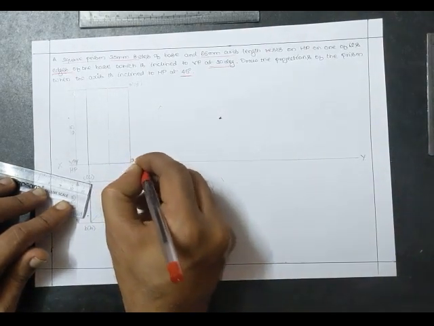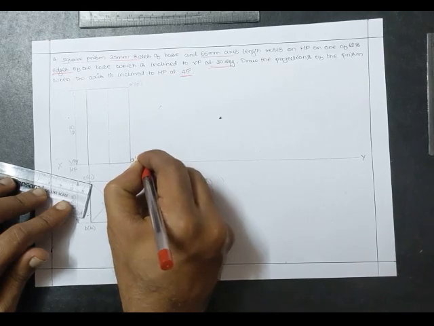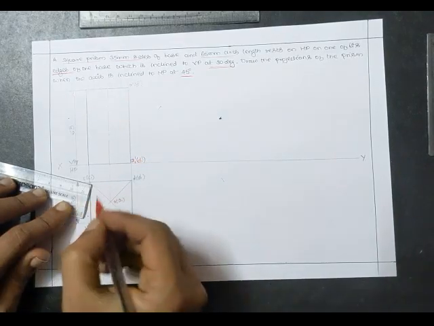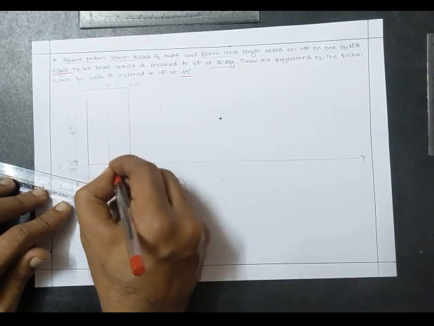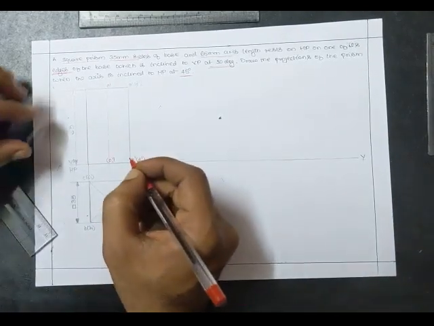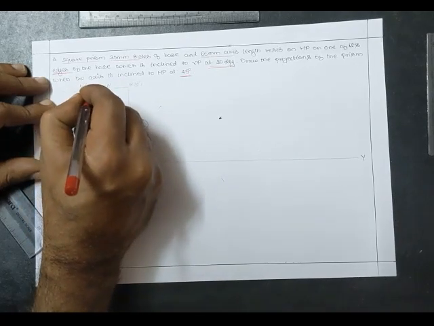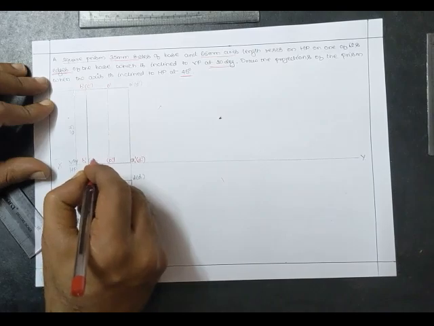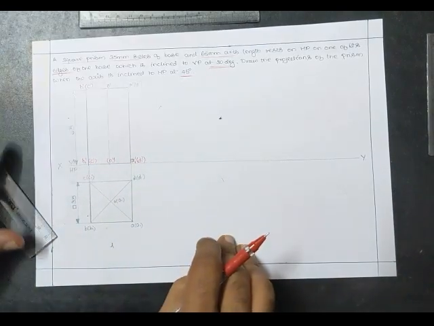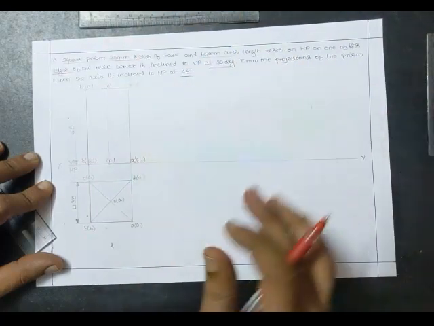Let me annotate A1 dash and this is D1 dash. Similarly, axis O dash, O1 dash, and here this is B dash, C dash, B1 dash, C1 dash.